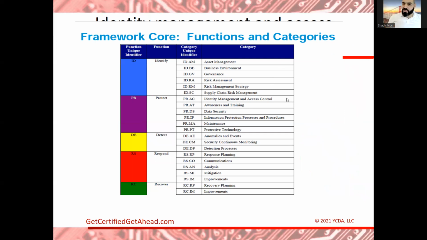Okay, guys. So last week we talked about identity and access management and data security, and we already explained what this is all about. Identity and access management is basically, in order for a system to be secure, I need to make sure who is accessing my system, what permissions they have in this system, and I should be able to hold them accountable for anything they do in this system.